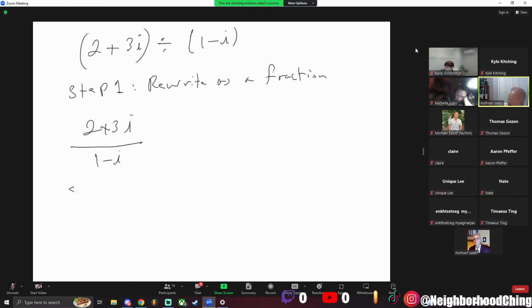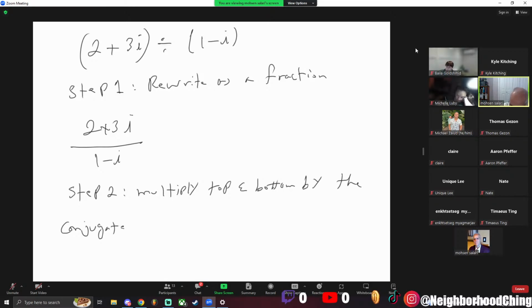Step 2, multiply top and bottom by the conjugate of the denominator. In this case, multiplying top and bottom by 1 plus i. And then finish it up.